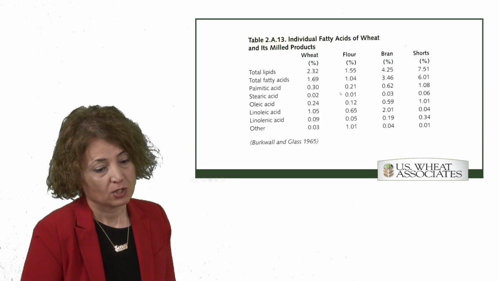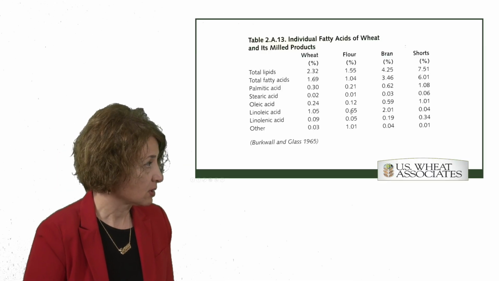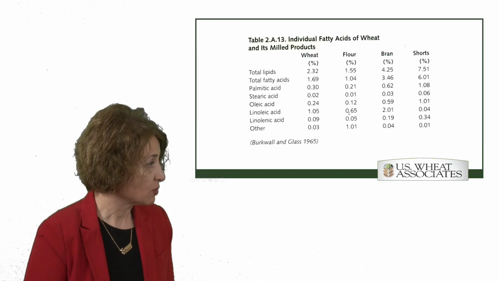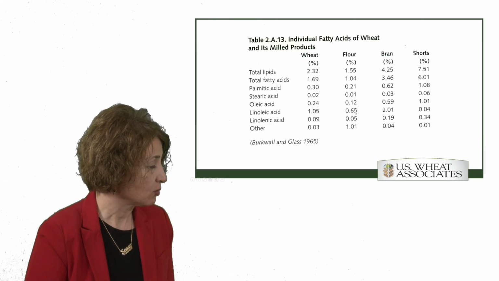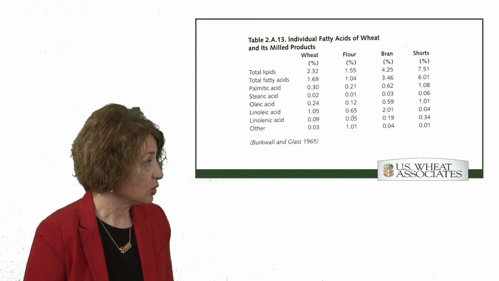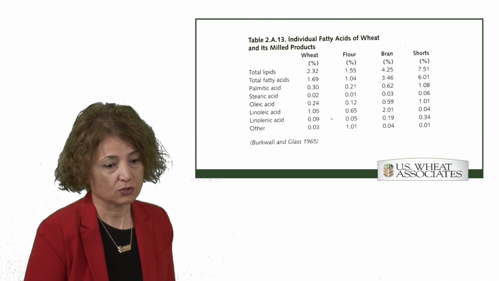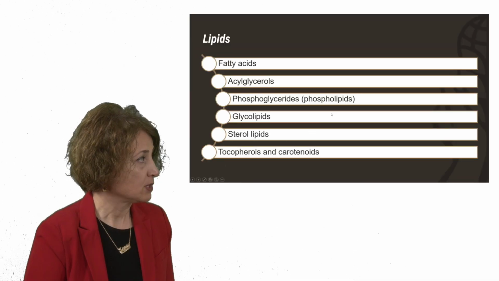The most commonly found fatty acid is linoleic acid, at 0.65%, and it is one of the highest ones in the bran as well. So linoleic acid is the most dominant fatty acid we find in wheat flour.